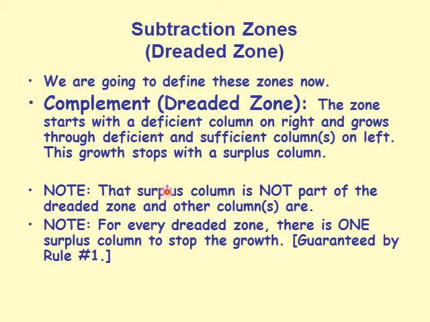Note that the surplus column is not part of the dreaded zone. Note, for every dreaded zone there is one surplus column to stop the growth, and this is guaranteed by rule number 1, which says always subtract a smaller number from a larger number.